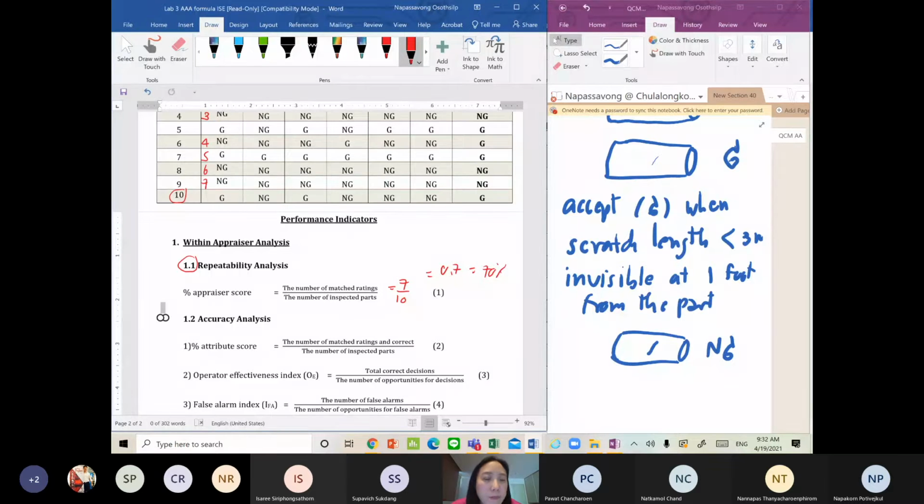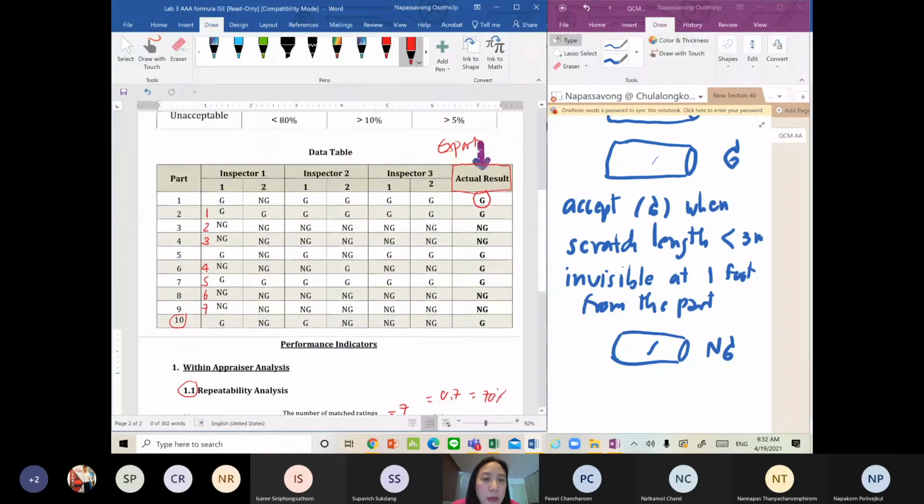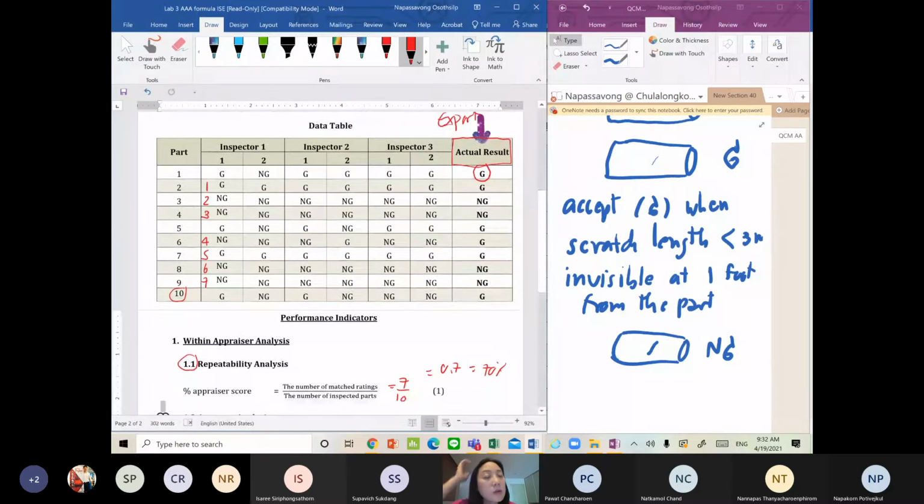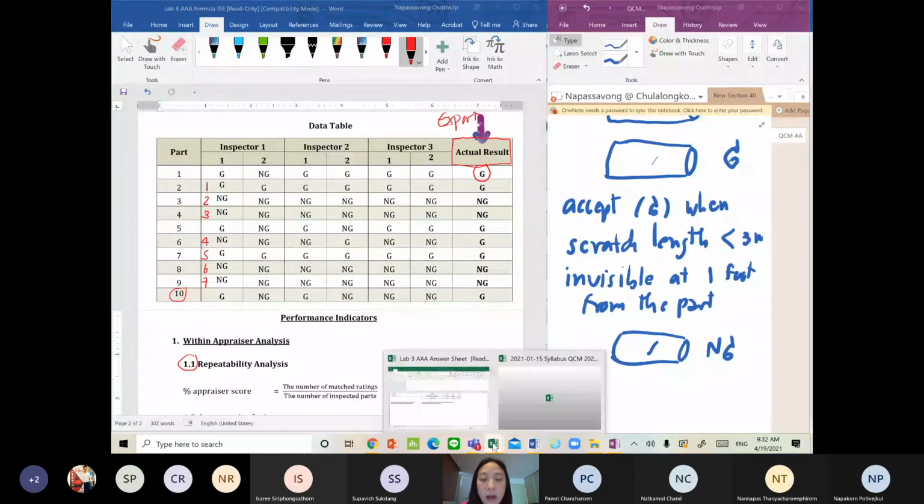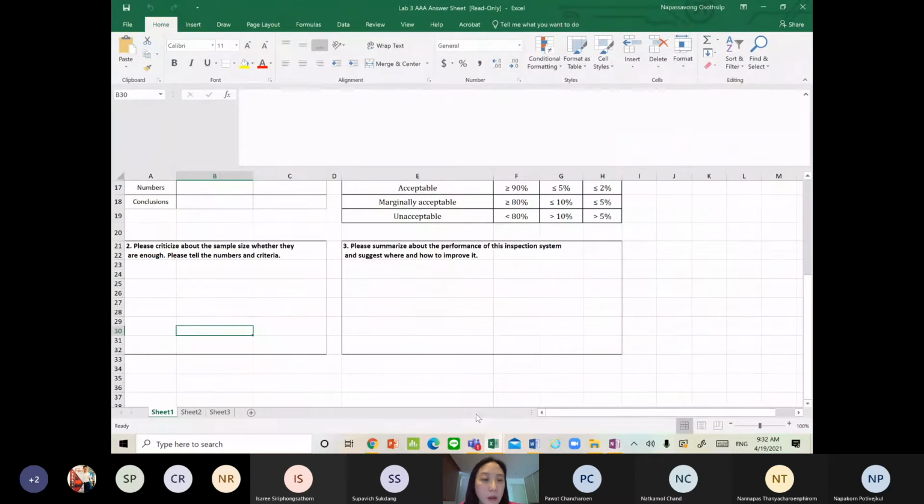Is that easy? How about inspector number 2? You can practice with me in the workshop today, and then I will give you another homework to practice by yourself. In this workshop, everybody, could you please open the Excel file?